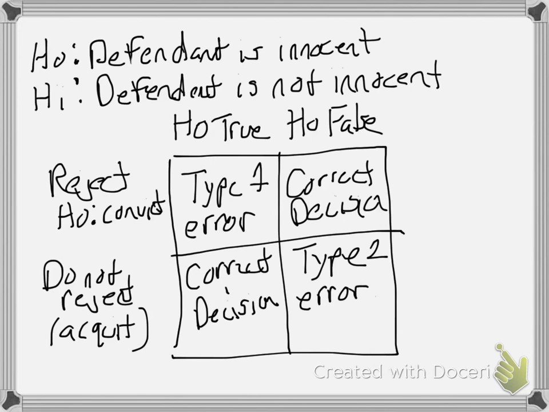So a type 1 error is putting an innocent person in jail, and a type 2 error is acquitting a guilty person. Do you see the difference between the two of them? I hope you do. Those are the two types of errors that can be made with the null and alternative hypothesis.